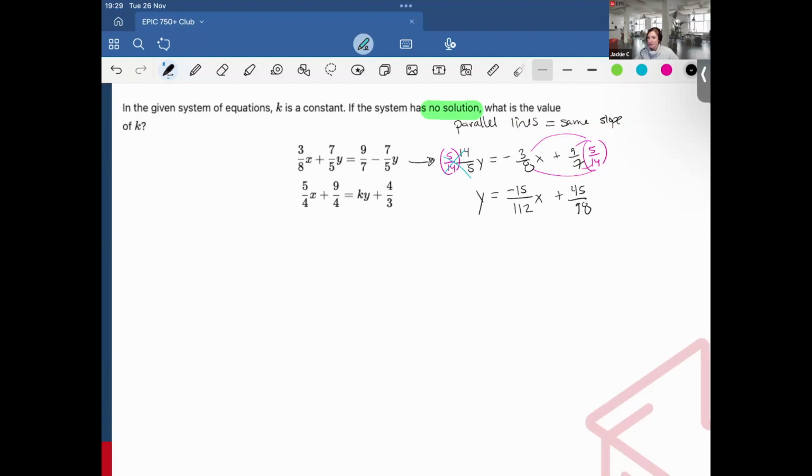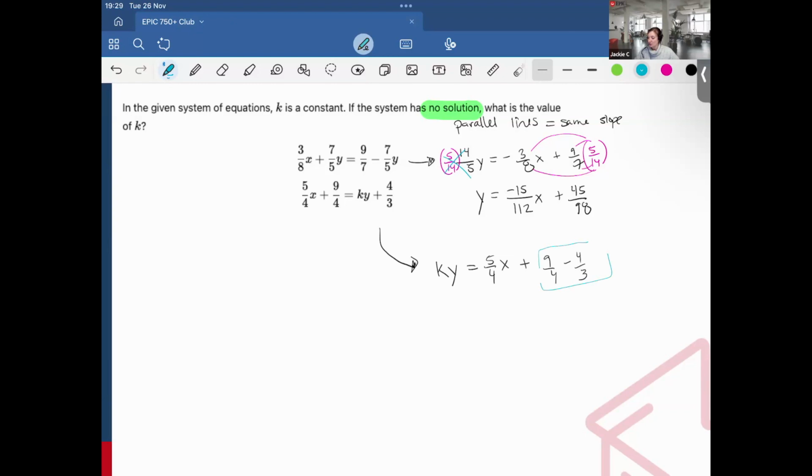Amazing. And I'm going to go ahead and do the same here. So in this case, I would have ky is equal to 5/4 x plus 9/4 minus 4/3. I should find the common denominator here, but again, I don't really care about the y-intercept.